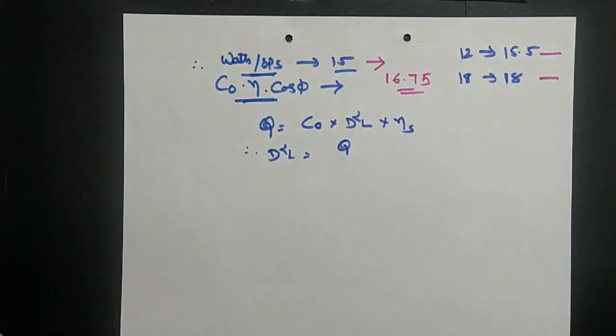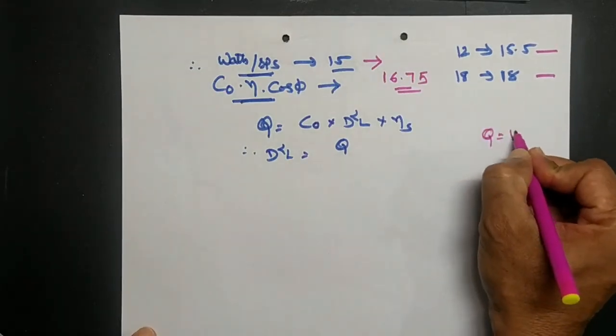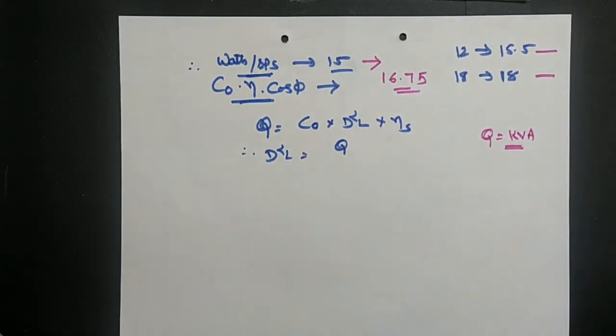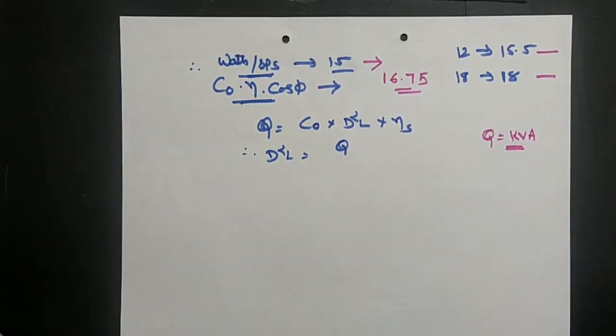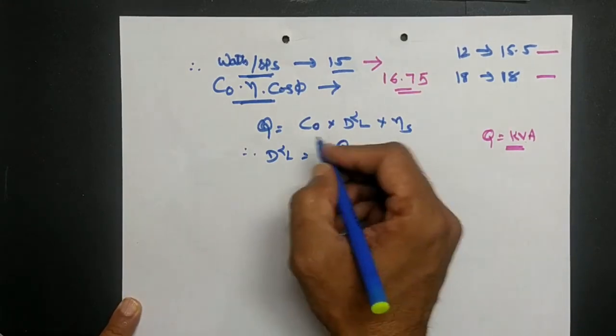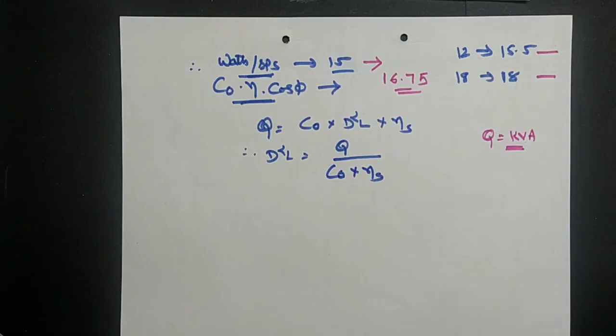Here one thing you should always remember, that Q, the output rating, should be in kVA. We have been given VA, so for kVA we have to multiply by 10 raised to minus 3.